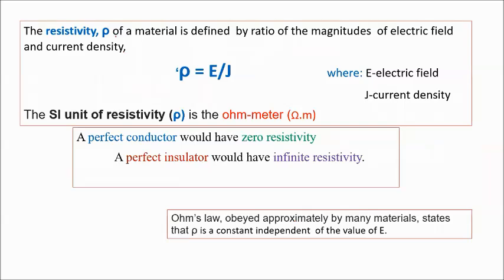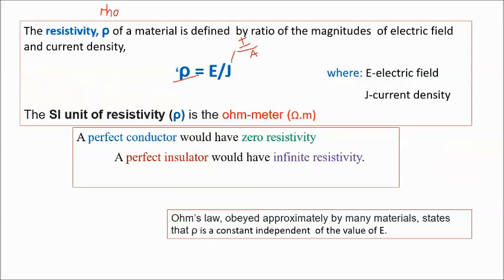Next term is resistivity. This is given in a letter RHO. Rho. A material is defined by ratio of magnitudes of electric field and current density. So we learned kanina that J is equal to I over cross-sectional area A. So electric field divided by J is resistivity.